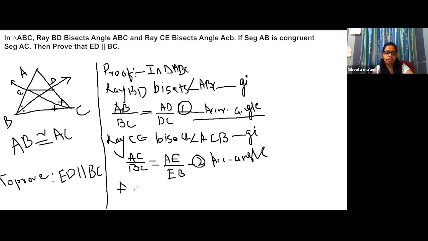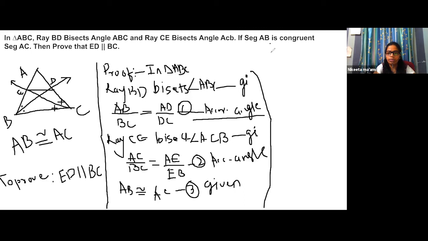from 1 and 2, and as the third point, write down AB is congruent to AC. This is the third point and this is given to us. So now from 1, 2 and 3, AB is congruent to AC.